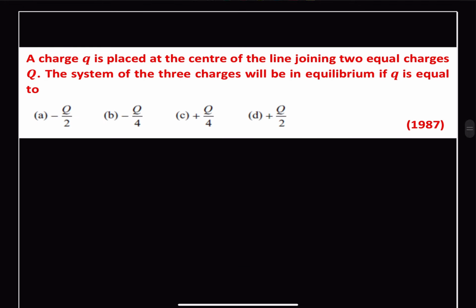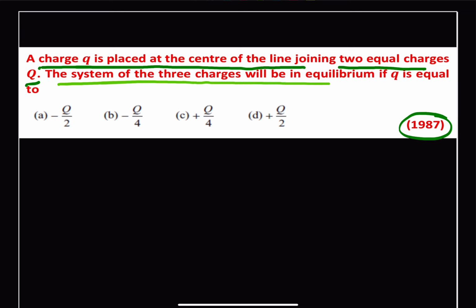It states that it was asked in the year 1987: a charge Q is placed at the center of line joining two equal charges, capital Q. The system of three charges will be in equilibrium if Q is equal to. Here also the entire system of the three charges should be in equilibrium.